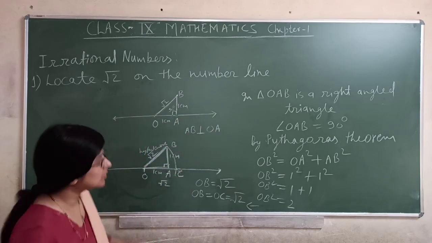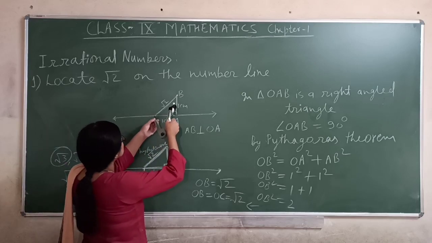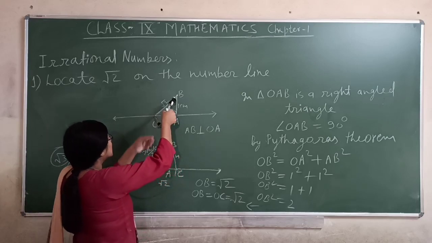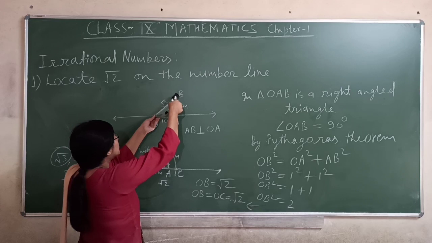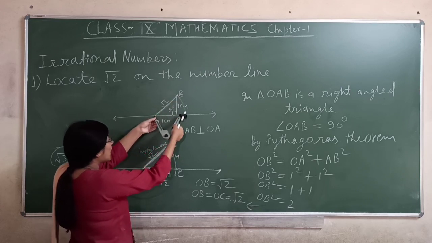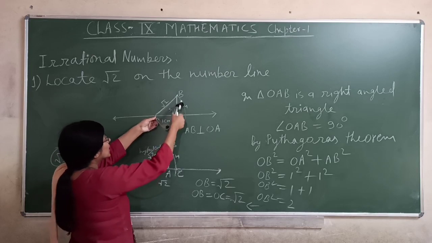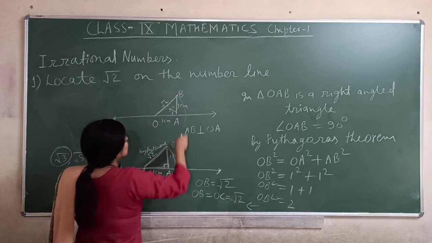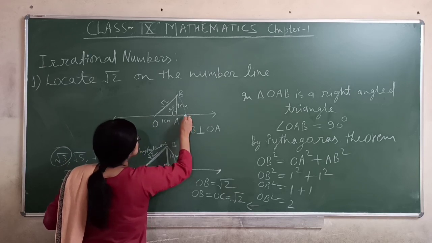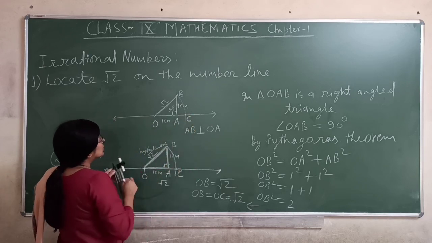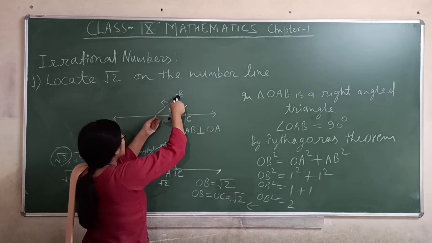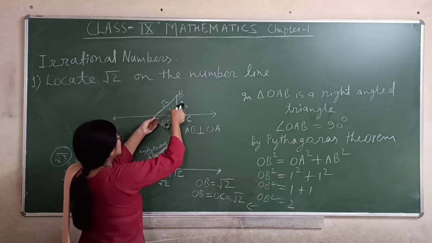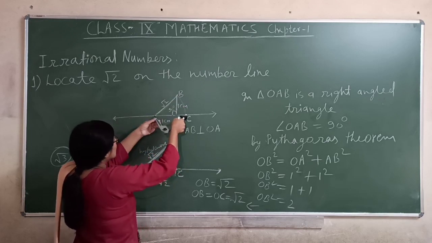So what we will do? We will hold the compass. You have to keep the needle at O and measure up to B. Like that you will measure and then draw an arc. It will intersect the number line at C. This one is named C. You are looking at how much your OB is, same OC also.